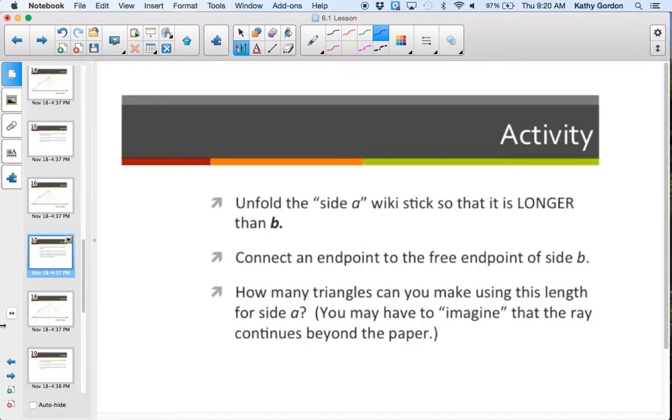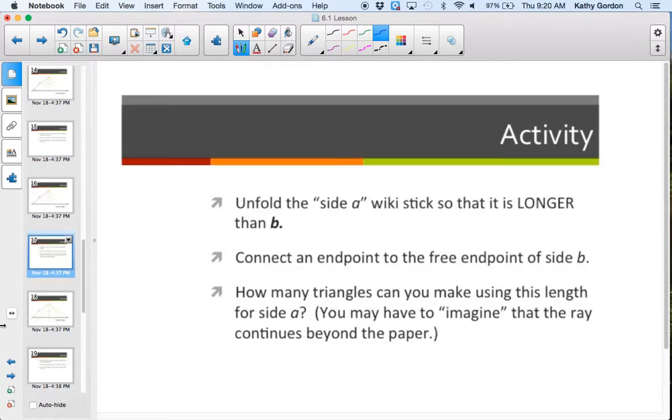Scenario number 3. Take your side A again, and this time unfold it so that your wiki stick is actually longer than side B. So we're not comparing to H this time, we're comparing to side B. So if you unfold the wiki stick, it should be longer than B. Connect that to the free endpoint of side B and see how many triangles you can make of that.